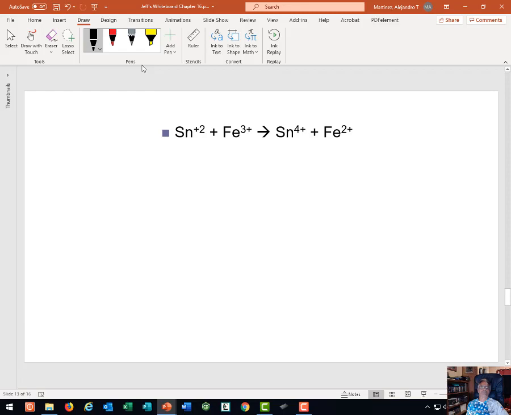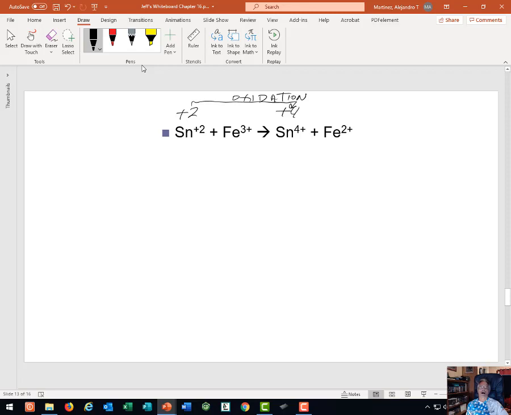So we've got a +2 oxidation state over here for Sn, and when we look over here, we see a +4 oxidation state. So this reaction is going from a +2 to +4 for Sn, and that is clearly an oxidation. Electrons are being lost because the oxidation state of Sn is increasing going from the reactant side to the product side.